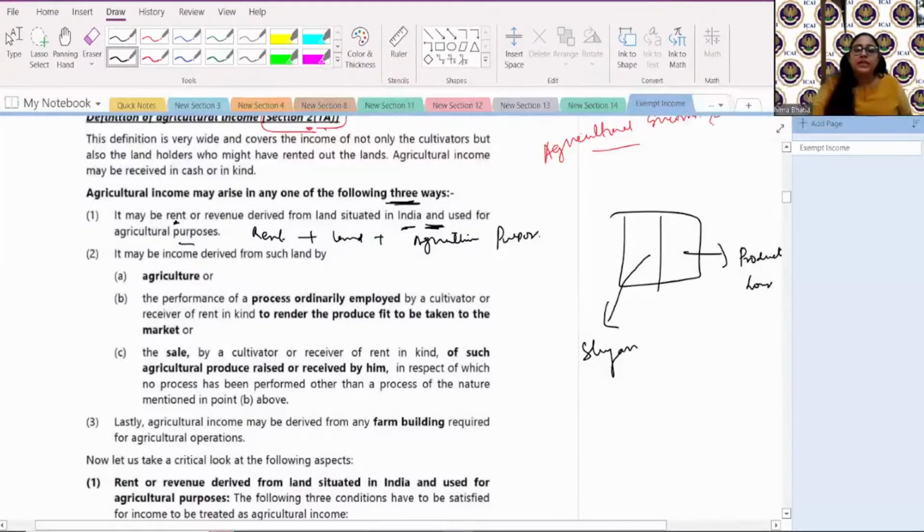So first is rent or revenue derived from land situated in India. Second is income derived from such land by agriculture. By agriculture means by doing any agricultural operations, if you're deriving any income from doing agriculture operations, that can be basic operations and that can be subsequent operations.